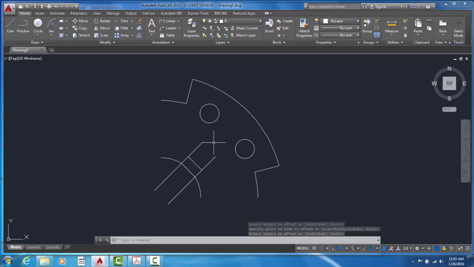And then I'm going to trim to clean up. Lastly, I'll delete this line. Now I've drawn one quadrant.